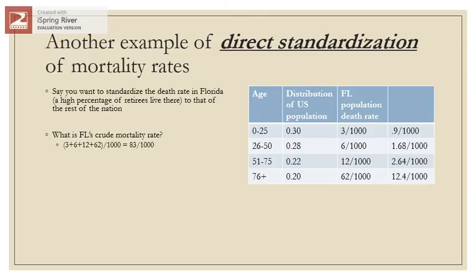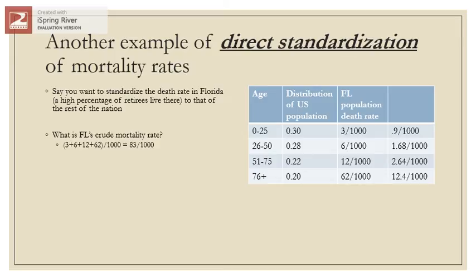So Florida's crude mortality rate, looking at this data, what this means is 30% of Florida's population is between 0 and 25, 28% is between 26 and 50, 22% is between 51 and 75, and 20% is 76 years or older.